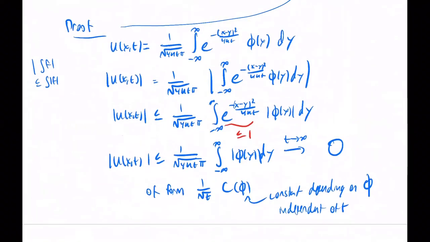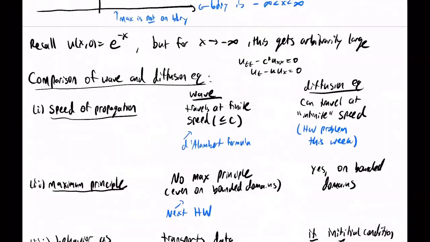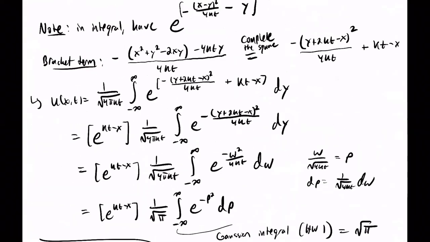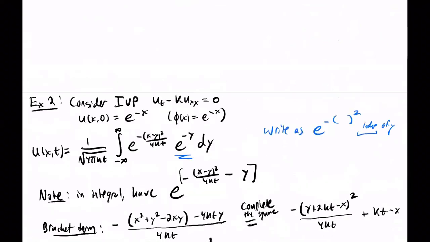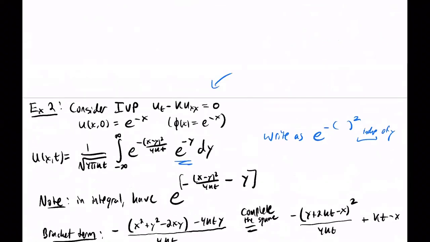Well, where does this argument fail? This argument fails because the initial condition is not integrable here, right? So for this function, your initial condition is phi of x. If I look at the integral of the absolute value of phi of x, this is not finite, right? The issue is that, of course, if x is positive, then it decays and it's integrable.